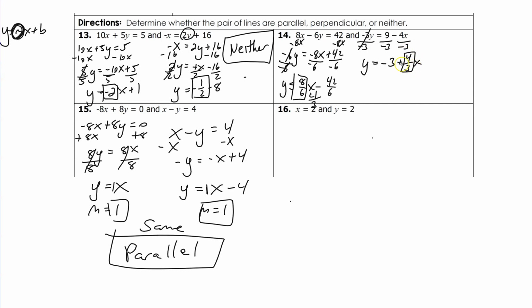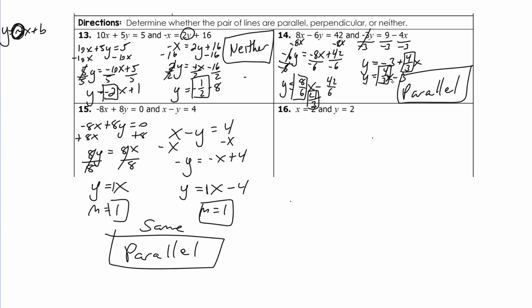I can easily rearrange this to be y equals 4/3 x minus 3 and put it into slope-intercept. Notice I have a 4/3 here and a 4/3 here. So in this case, they are parallel. Now this time I needed to simplify my fraction to see that they're 4/3, or you could have identified the fact that 8/6 is 4/3 when it's simplified.